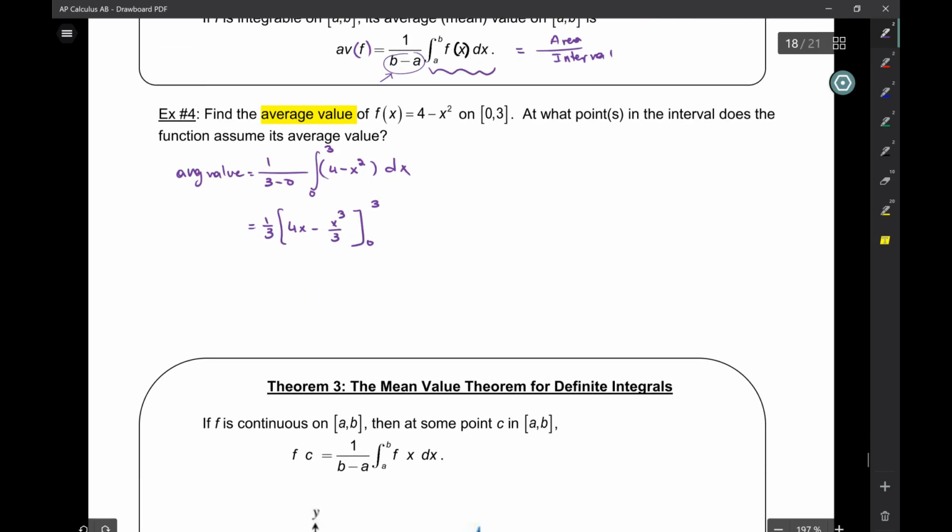So this is 1/3. Now I'm going to plug in the 3. That's 4 times 3, 12, minus 27 over 3, minus, I plug in the 0, and I get 0 minus 0.